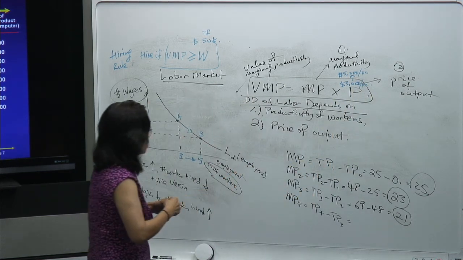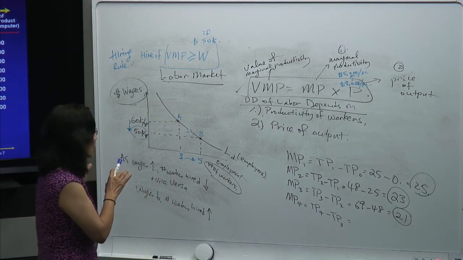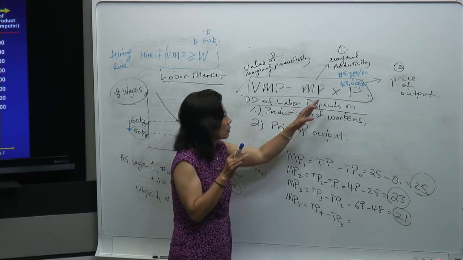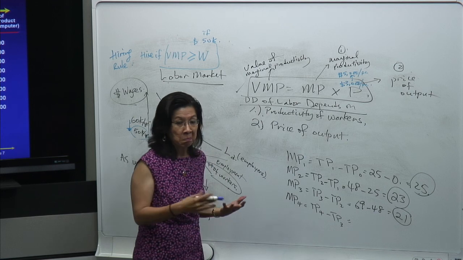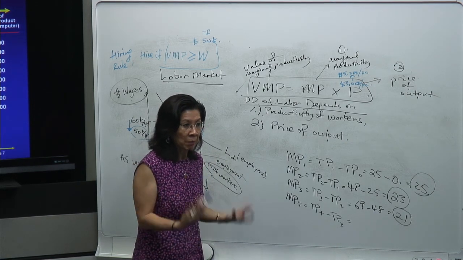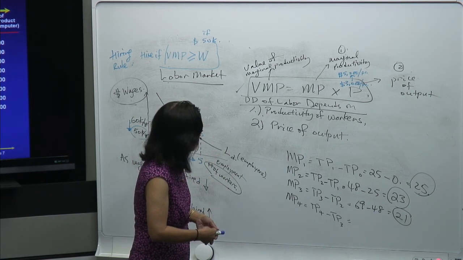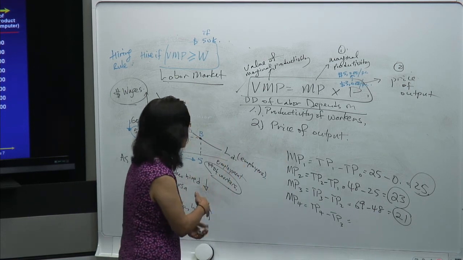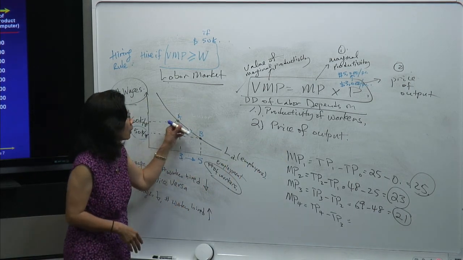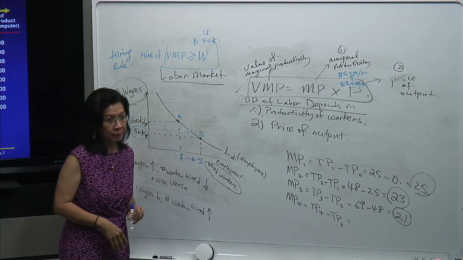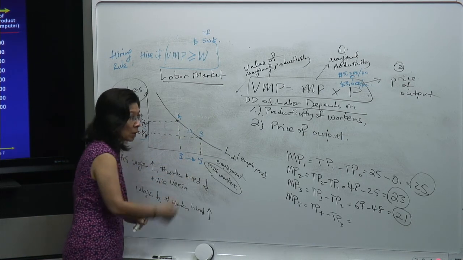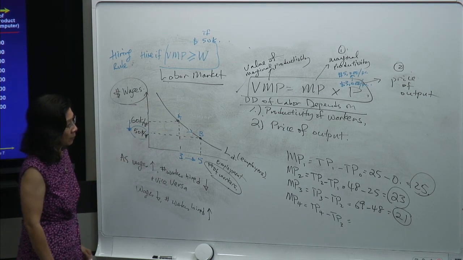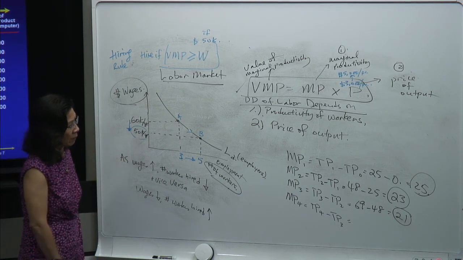Okay? Now, before we even look at a number, let's think about it conceptually, in terms of theory. If the price of computers goes up, they have to make more, they have to hire more workers. So we expect the demand for labor curve to shift to the right, because to the right is when you have more workers, given the same wage level.